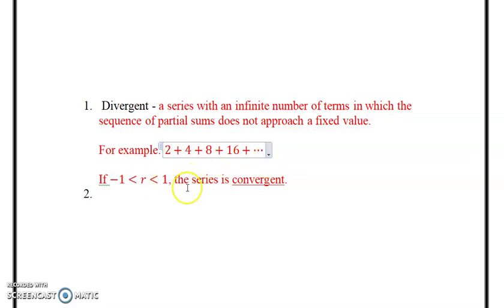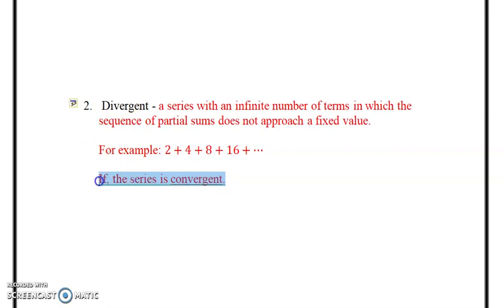So this has an R value of 2, obviously. So this will occur if R is less than -1 or R is greater than 1.